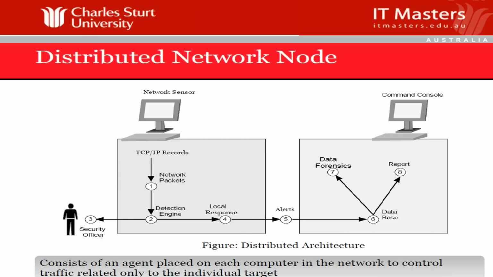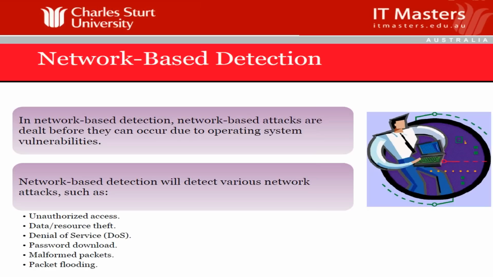No problem. Network-based detection. In network-based detection, network-based attacks are dealt with before they even go to the operating system. Why? Because if you think about the OSI layers, it will be at the data link and network layers. So if there is an OS vulnerability, the attack will not even go up there.